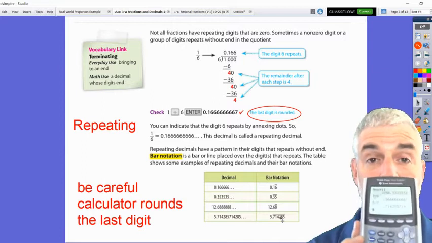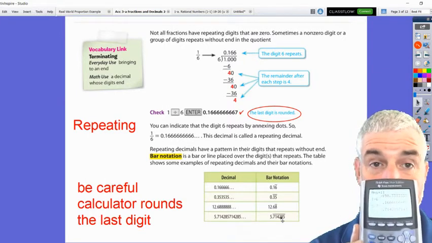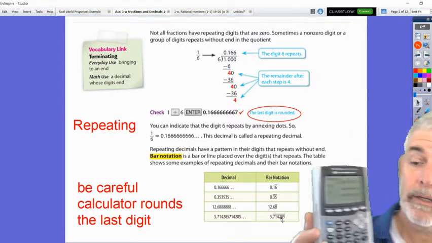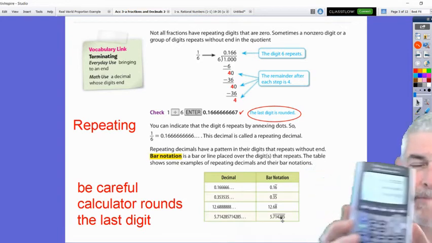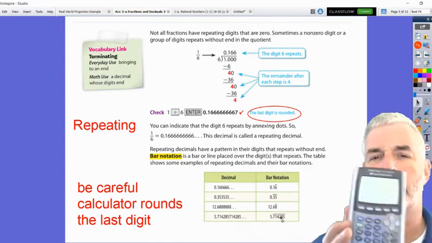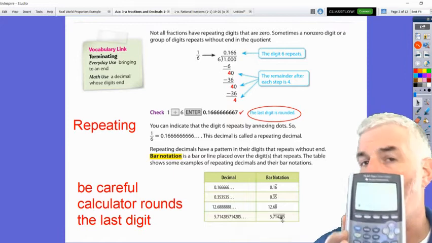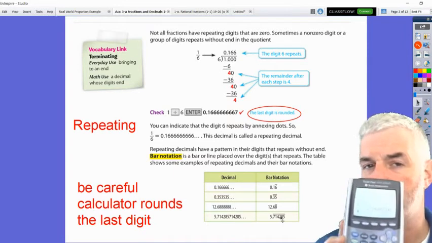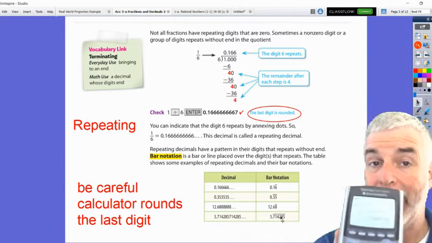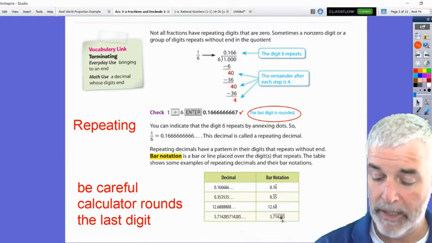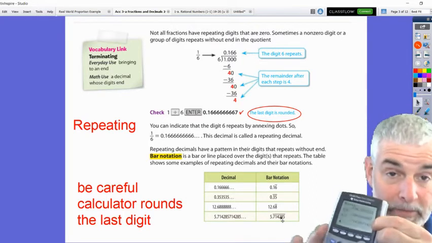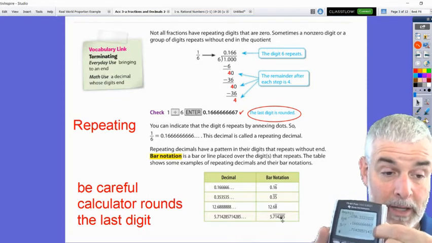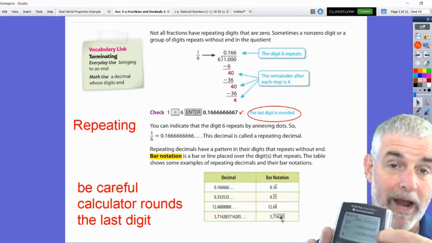It's not repeating. No, it is repeating. It's just rounding off at the last digit, but it'd be pretty hard to find this repeating pattern if you didn't know it was a 6-digit repeating pattern. And actually, there is a fraction that is this terminating decimal.